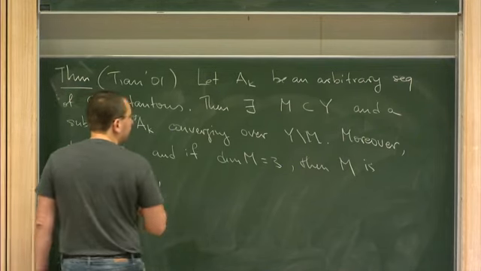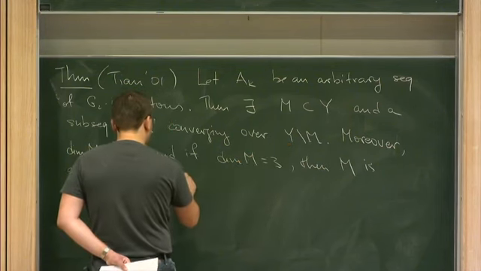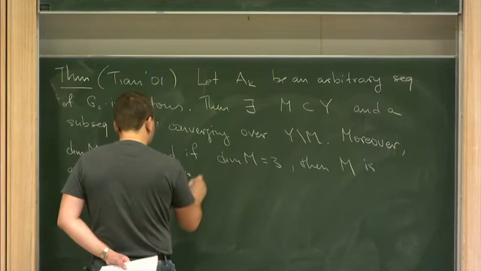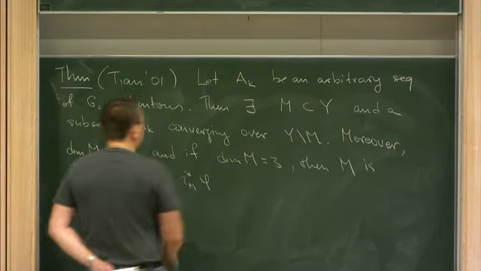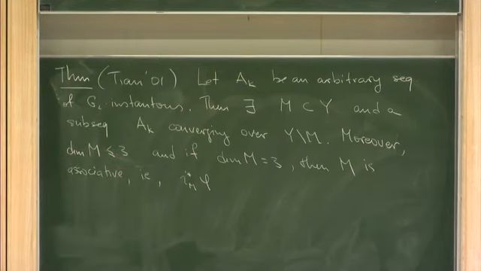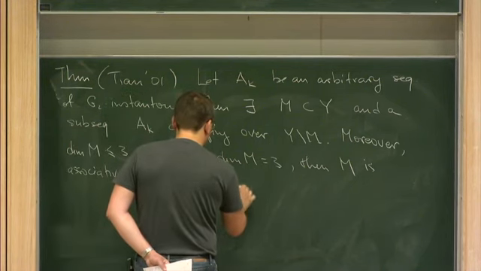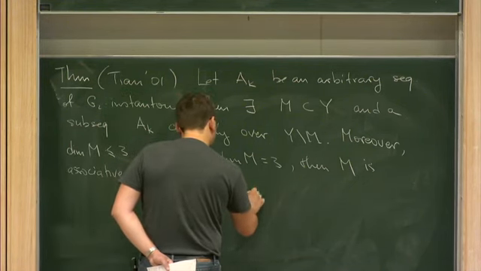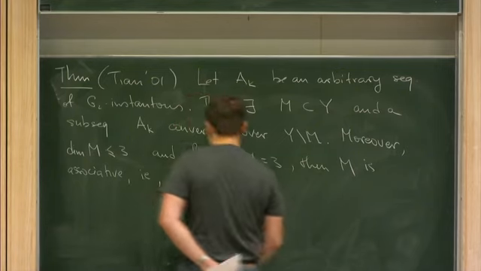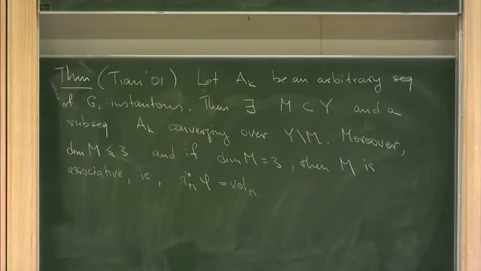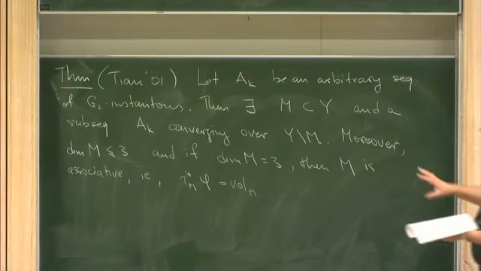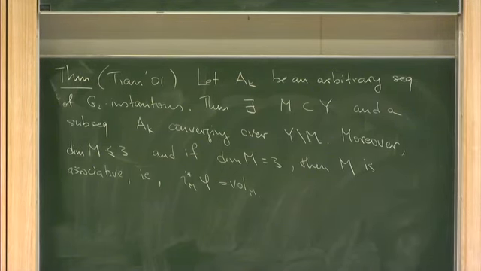Well, this means that if you pull back your associative 3-form to M, what you get is a volume form with respect to the induced metric on M. I'm not terribly precise here in the theorem.